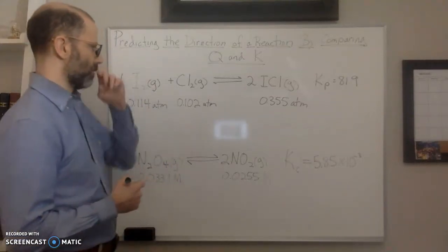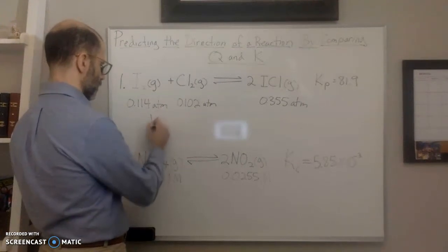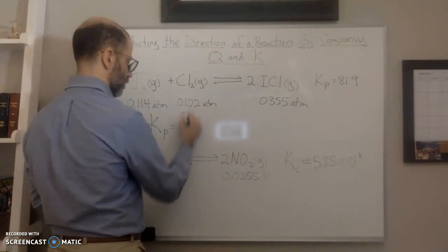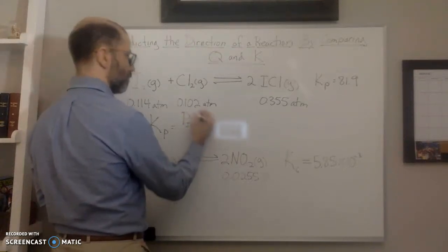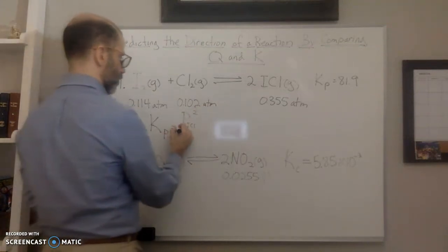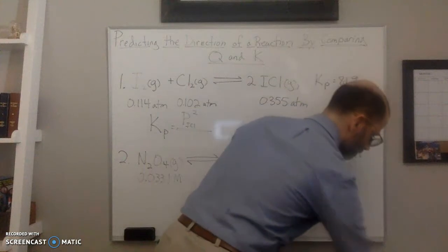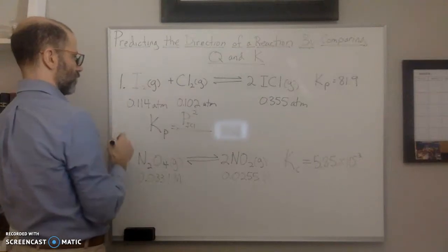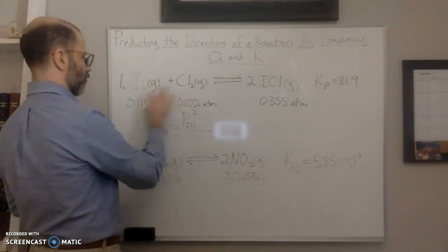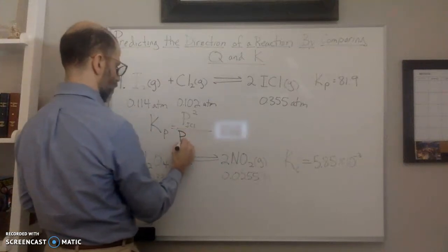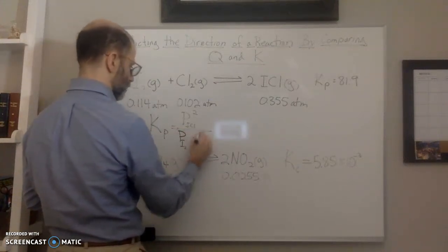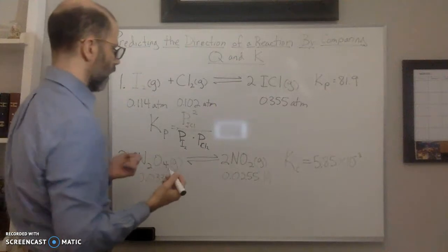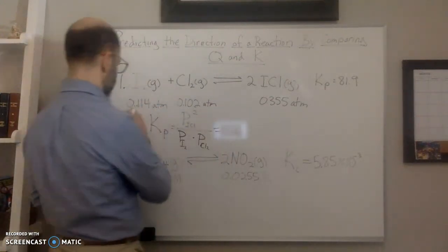So the first thing, we need to set up our expression. So the Kp is going to be equal to the pressure of the product, ICl squared, because of the 2 coefficient, over the pressures of I2 and Cl2. There are coefficients of 1, so this is going to be just the pressure of I2 times the pressure of Cl2. And so now all we need to do is plug in our pressures.